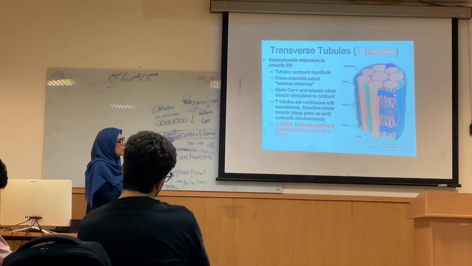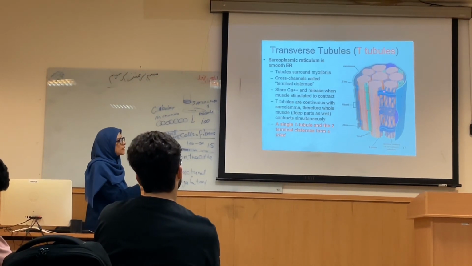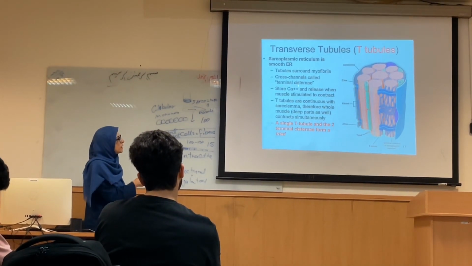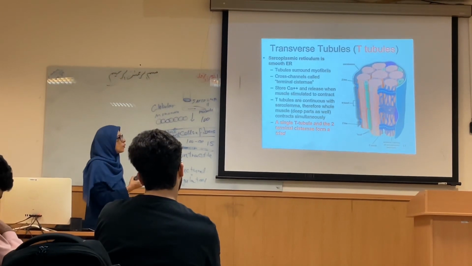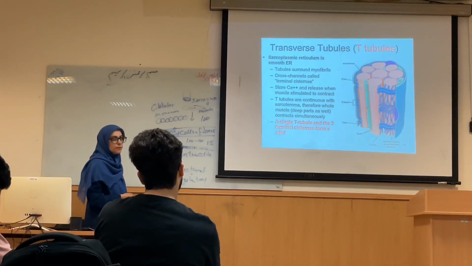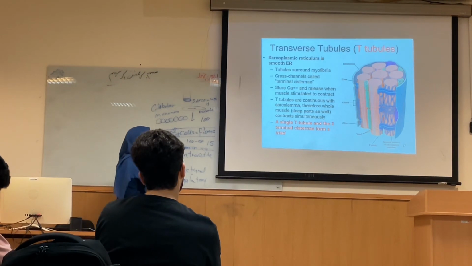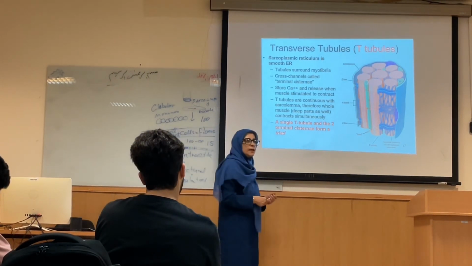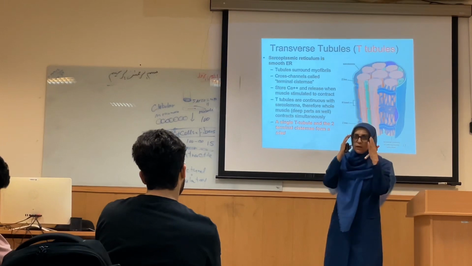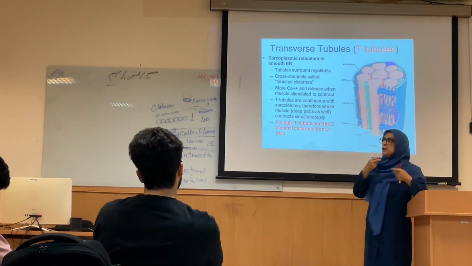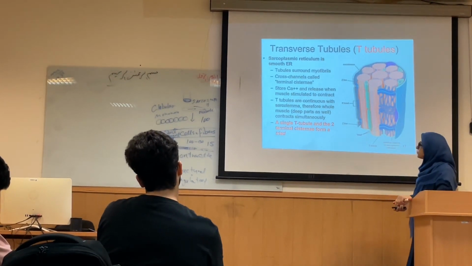and also in some parts where they invaginate, on two sides of them there is the smooth endoplasmic reticulum that stores and releases the calcium ion. The T-tubules are continuous with the sarcolemma, and with the SER that stores the calcium ion involved in the contraction.